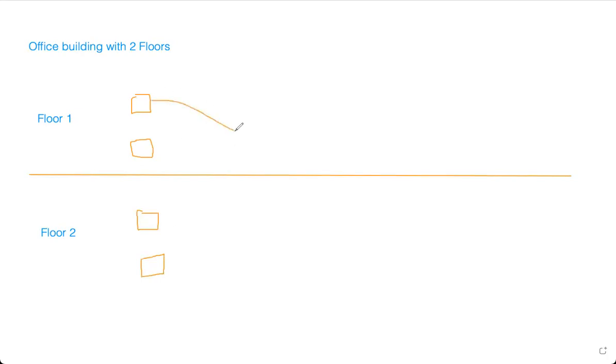So floor 1 devices will be connected to switch 1. Floor 2 devices will be connected to switch 2. Okay.